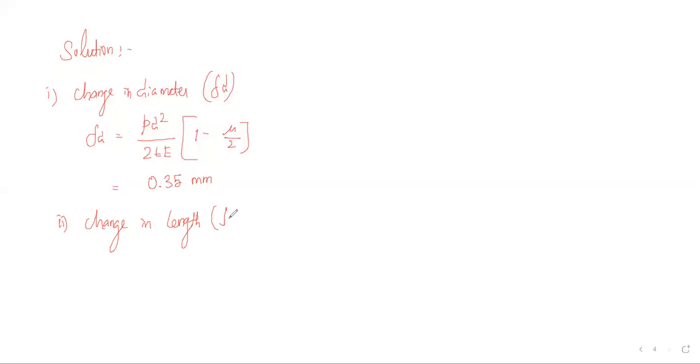So next, change in length, del L. So del L is equal to P into D into L divided by 2TE into half minus mu, that is 1 by 2 minus mu. So this is the formula.